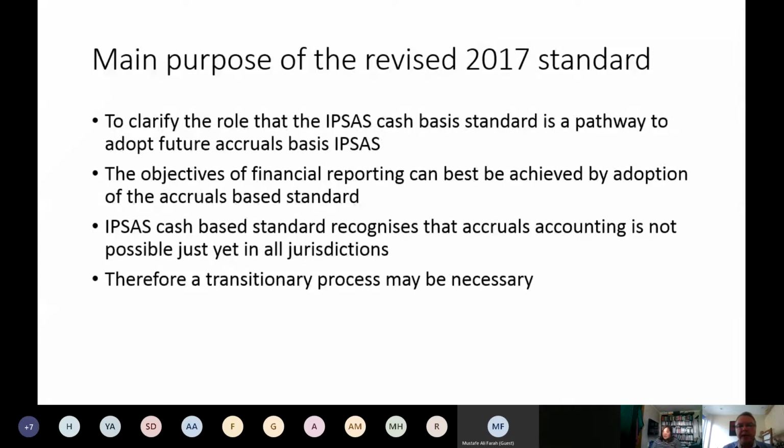So the objectives of financial reporting, this is where you present your financial statements, can be best achieved. I'll show you an example shortly of that. But they really want you to do accruals accounting because all around the world, the majority of public sector and the majority of private companies are all using accruals accounting. So it makes it, remember, harmonization, standardization. So imagine the Ministry of Finance in Somaliland could actually get a copy of the Ministry of Finance accounts in Ethiopia, and you'll be able to compare them.